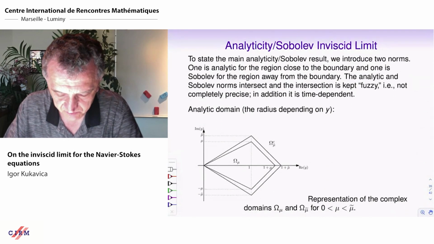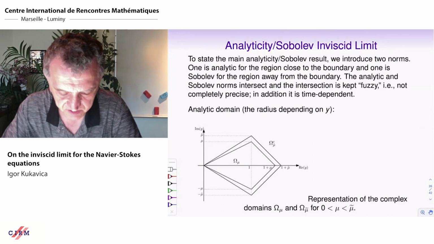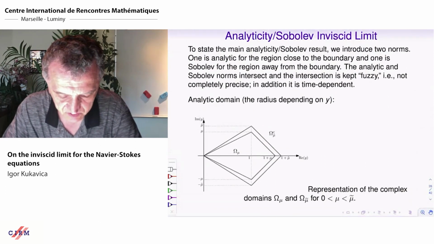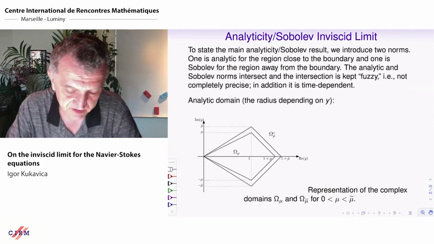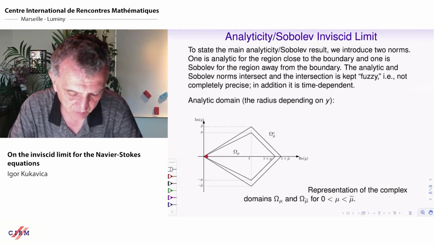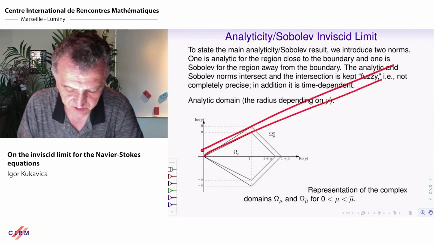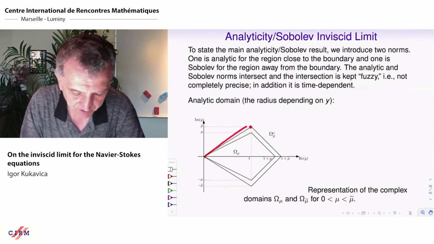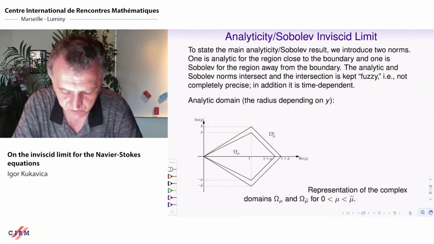Okay, so a few words about our analyticity Sobolev inviscid limit and then validity of the parental expansion. So to state the analyticity Sobolev result, one needs to do this analyticity. So one should use pencil shape if the function is analytic all the way to infinity.